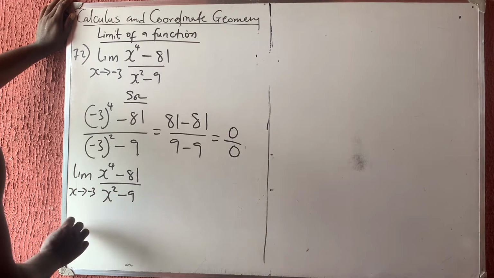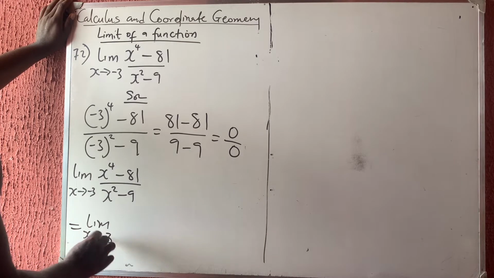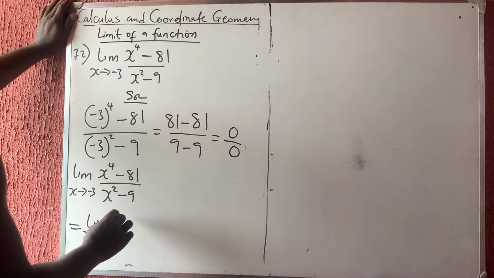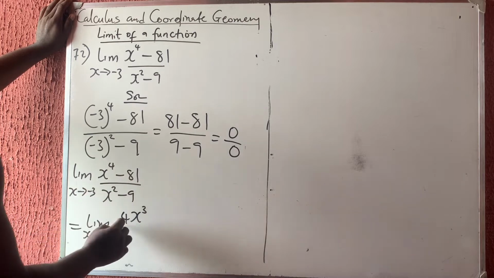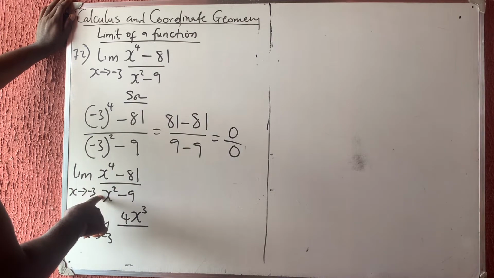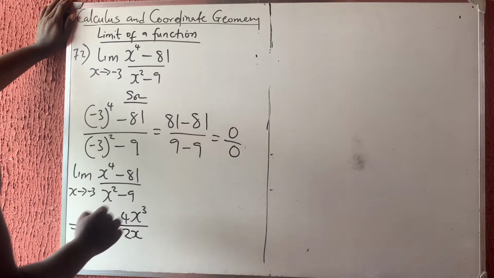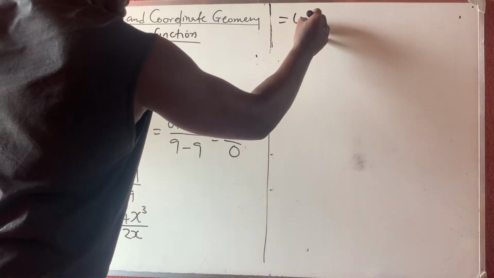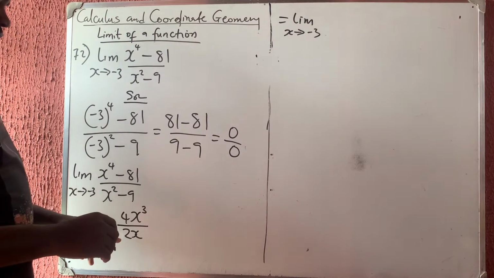So if I differentiate, it's going to be the limit as x approaches minus 3 of multiply by the power, remove 1 from the power, which is 4x raised to power 3. Differentiation of this is 0 all over multiply by the power, remove 1 from the power, which will give you what? 2x. Okay, so this is now the same thing as the limit as x approaches minus 3 of something can cancel out.